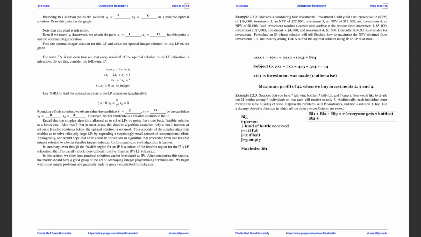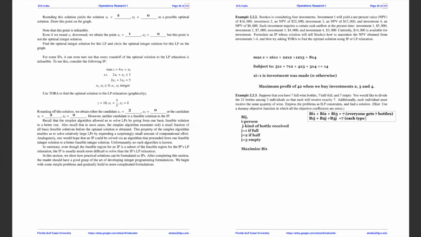So for the second equation, I'm writing B1j plus B2j plus B3j equals 7, which would mean that each type of bottle equals 7. And by type of bottle, I mean a full, a half, or an empty bottle.